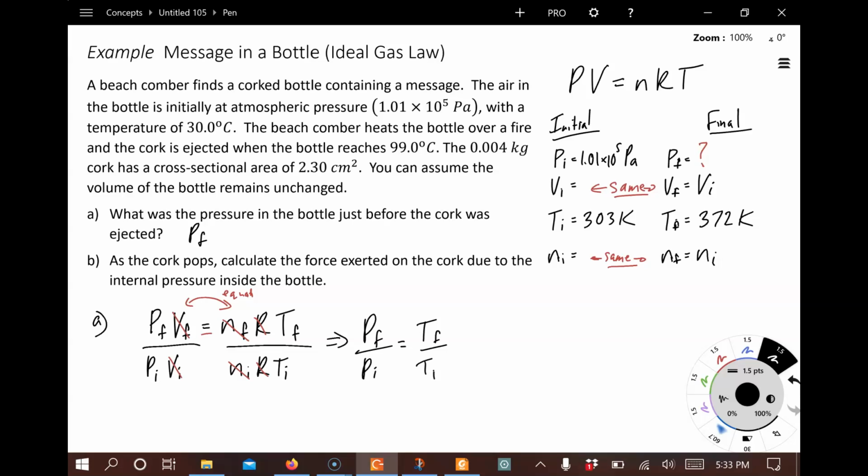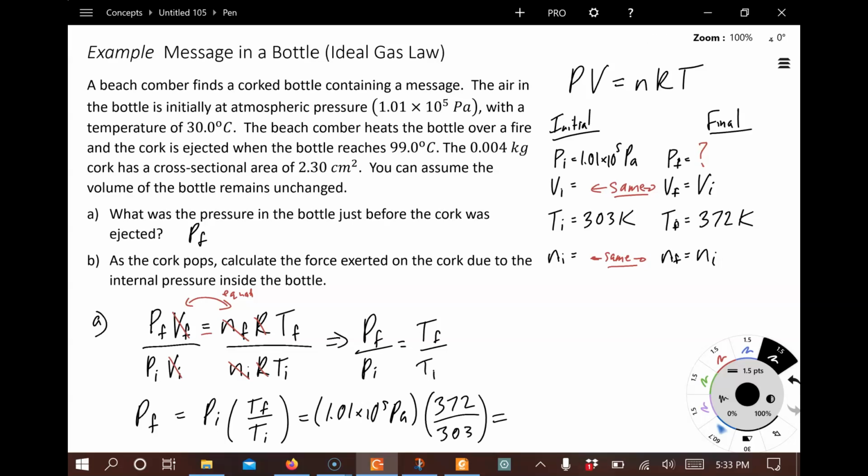And if we want to solve for P final, all we need to do is multiply both sides by P initial and plug in our numbers. So P initial, 1.01 times 10 to the 5th pascals, multiplied by the ratio of the two temperatures, same unit, so you can forget about the Kelvin, they'll cancel.